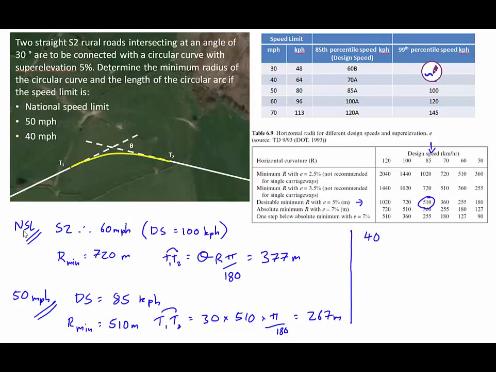For the 40 mile an hour speed limit, design speed is 70 kph.